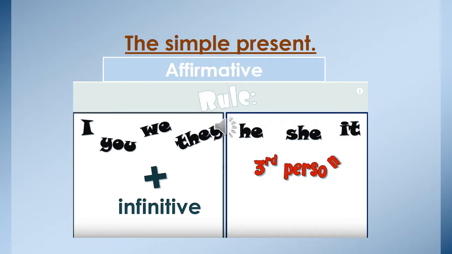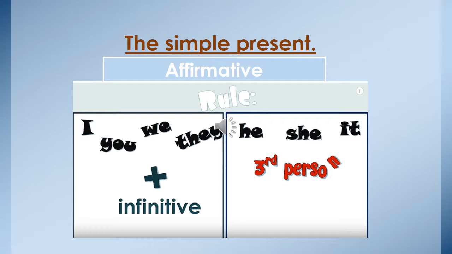In the affirmative way, it's necessary that you use the pronouns and understand the verb to be for speaking present simple. Now you can see the pronouns on the left.